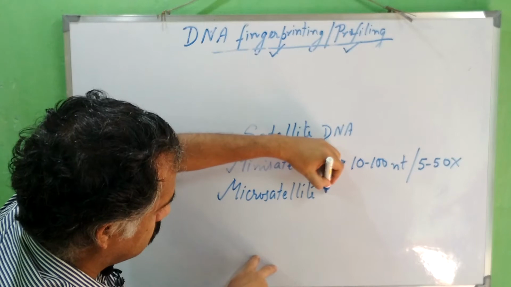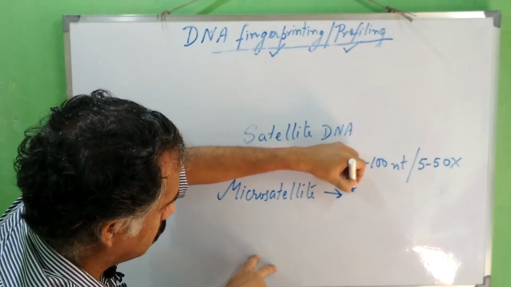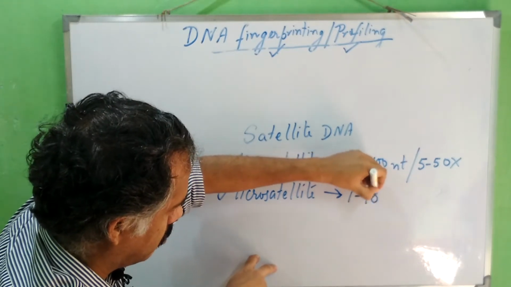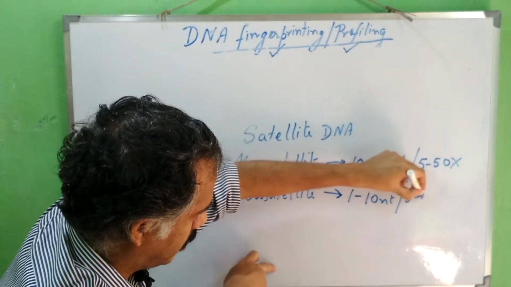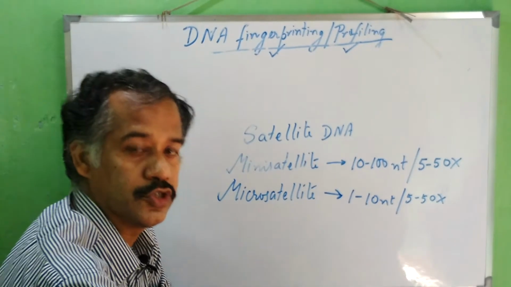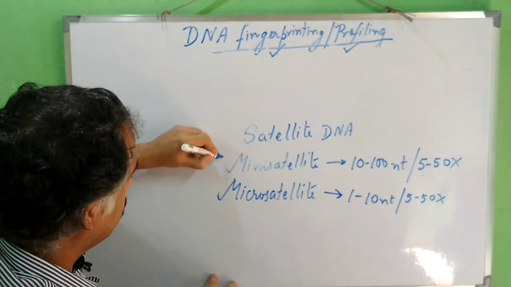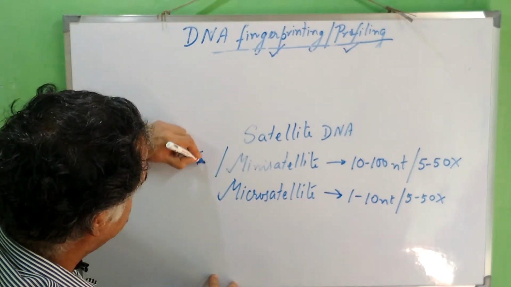The microsatellites are between 1 and 10 nucleotides, much smaller, and they are also present between 5 and 50 times, usually at any given chromosomal position. These are our interest. The mini satellites, I must tell you, are also known as variable number of tandem repeats.